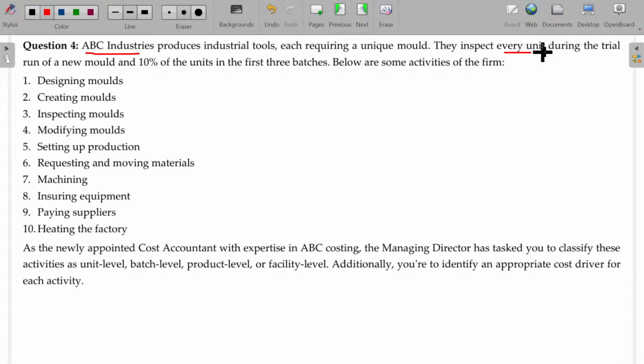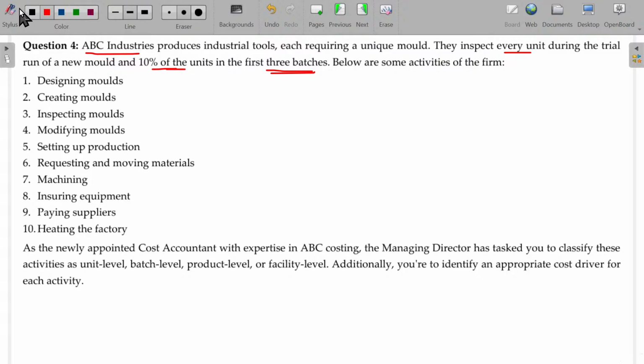They inspect every unit during the trial run of a new mold and 10% of the units in the first 3 batches. So during the trial run, every mold will be checked. Thereafter, for the first 3 batches, they will check only 10 out of the 100 units. Below are some activities of the firm.